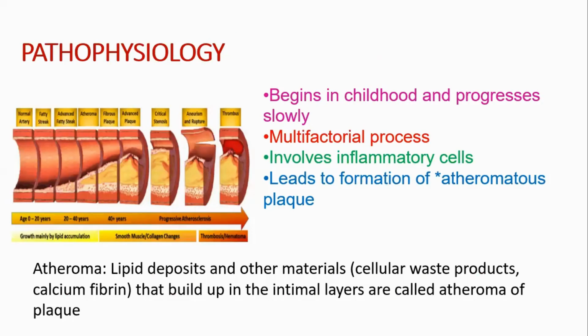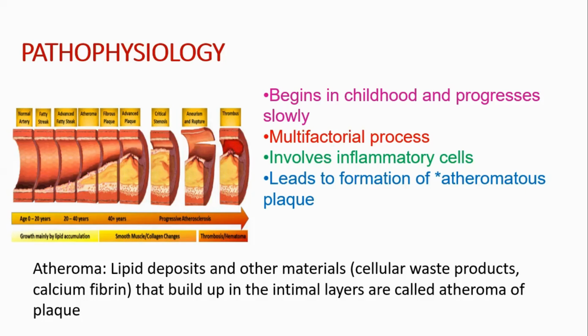The atherosclerotic process begins early in childhood and usually takes several decades to progress to clinically evident disease. The pathogenesis of atherosclerosis is multifactorial, meaning that multiple factors contribute to its development. The lesions formed are results of proliferation of smooth muscle cells, macrophages, and lymphocytes, which are cells involved in the inflammatory response.